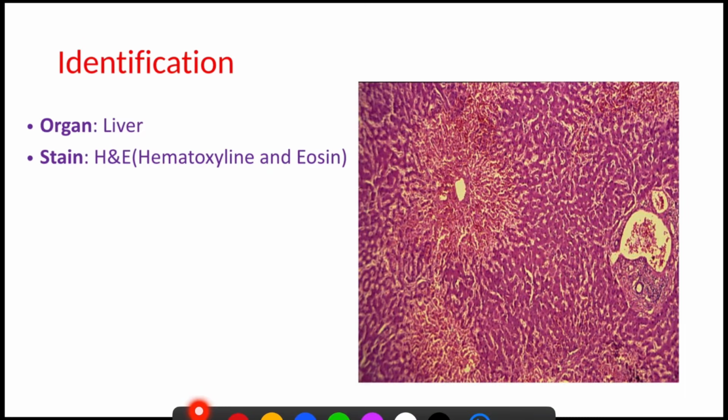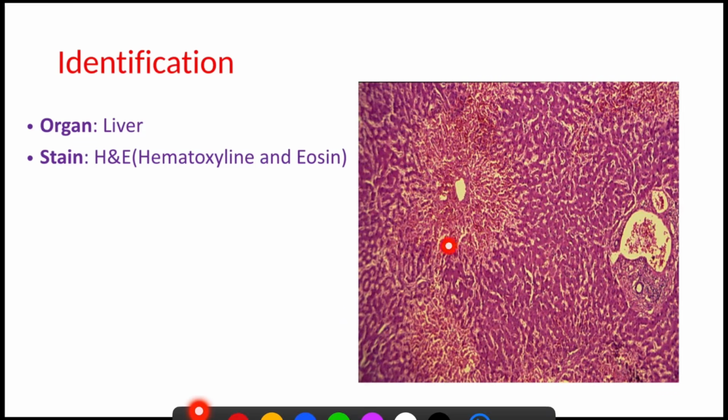So here you can identify this is central vein, portal triad, these are the hepatocytes, dilated sinusoids, but the actual pathology is here. So here the central vein is dilated and surrounding hepatocytes are necrosed, and there is sinusoidal dilatation which has abundant RBC.